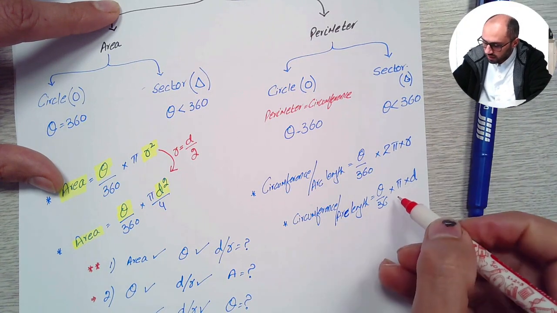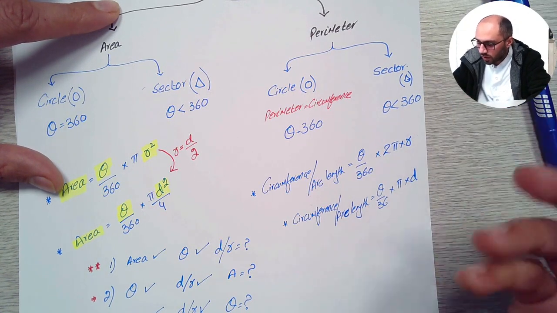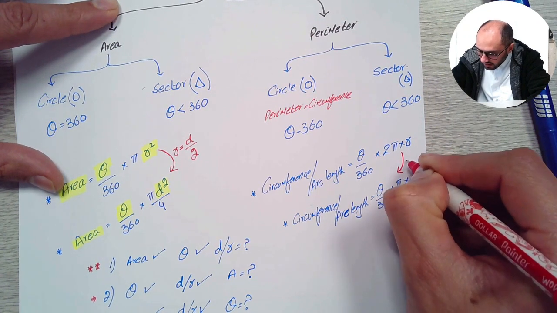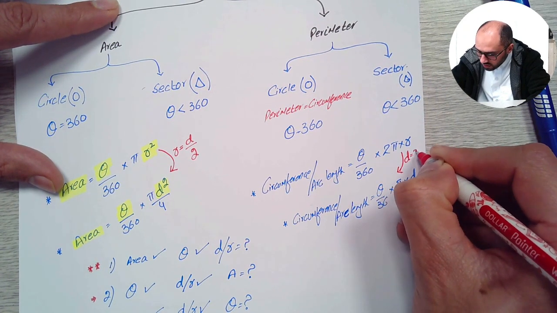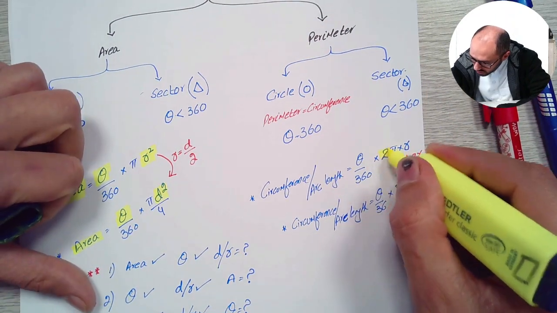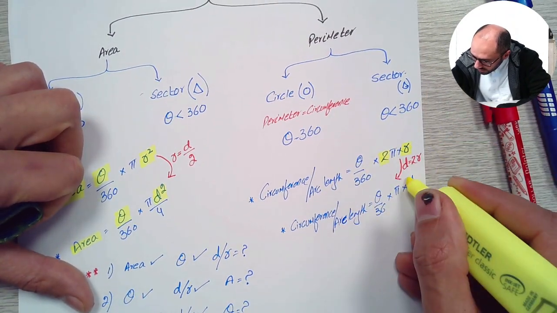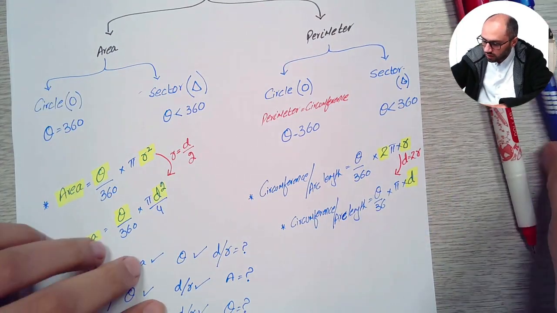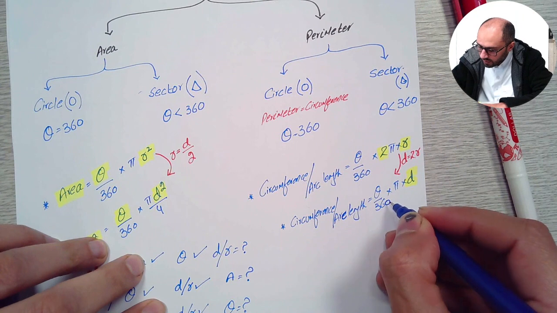Now, to get this formula from the top one, what I have basically done is I've made use of the fact that diameter is equal to 2 times r. So I replaced this 2r with d, and this gives me the second formula, which is angle over 360 times pi d.